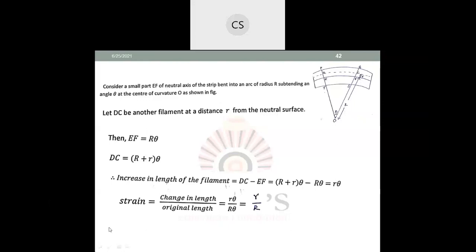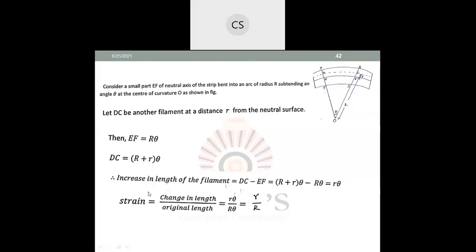If EF is R theta, then DC has its radius increased to R plus r, and theta remains the same. So therefore DC is equal to (R plus r) theta.